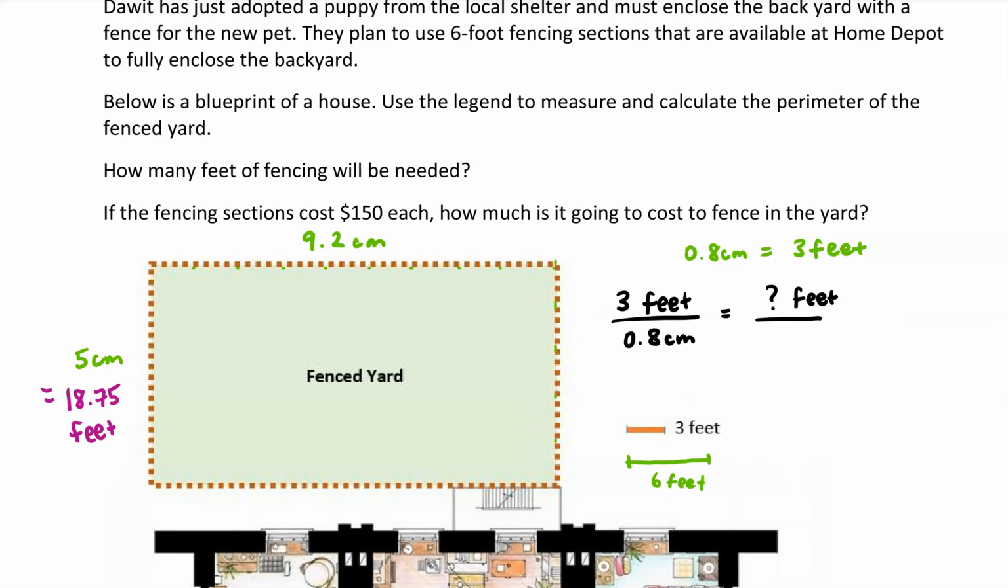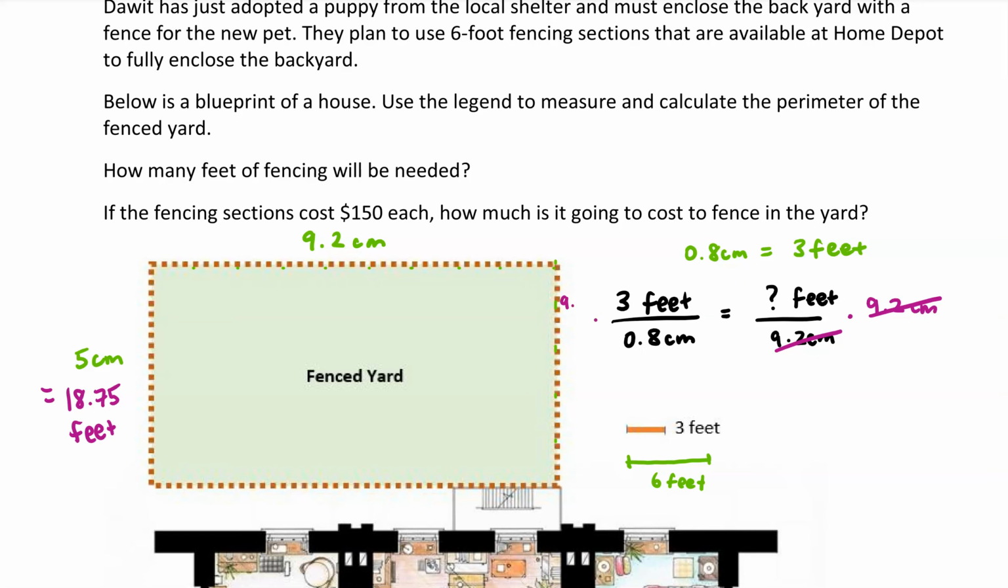And we want to do the same thing for the width. So we have 9.2 centimeters. We're going to do the exact same thing. In order to get the question mark by itself, I'm going to multiply the right side by 9.2 centimeters, and so that will divide with that.